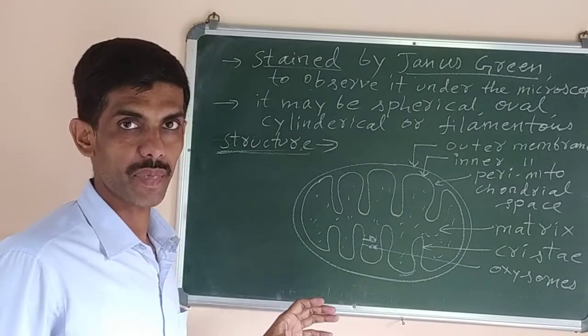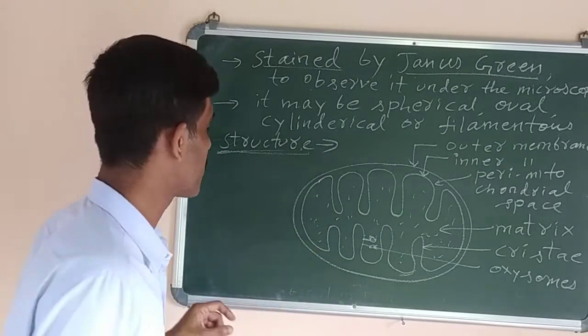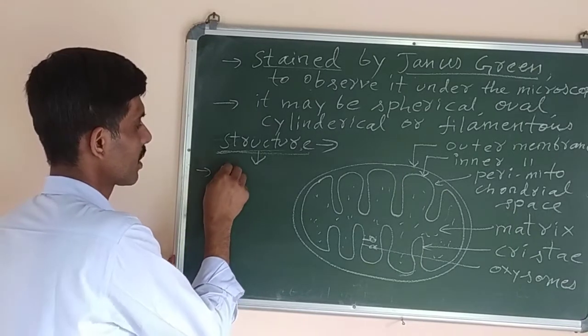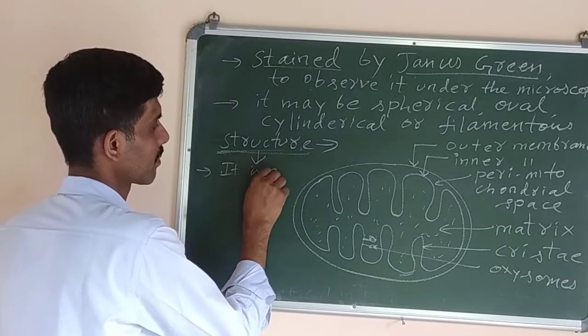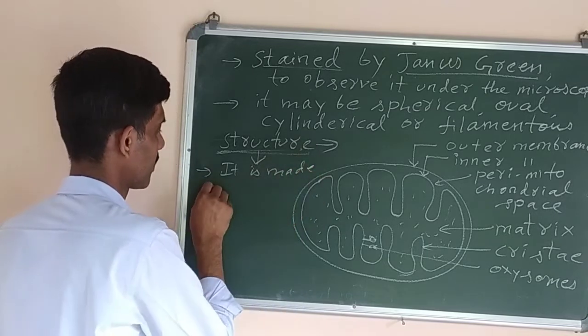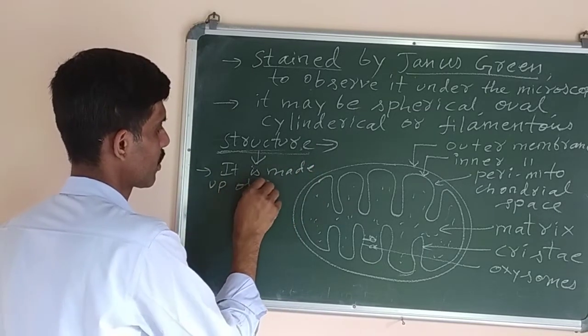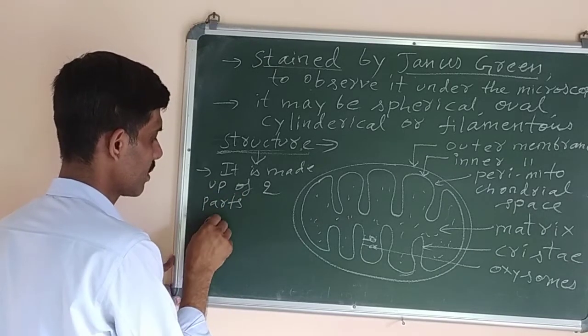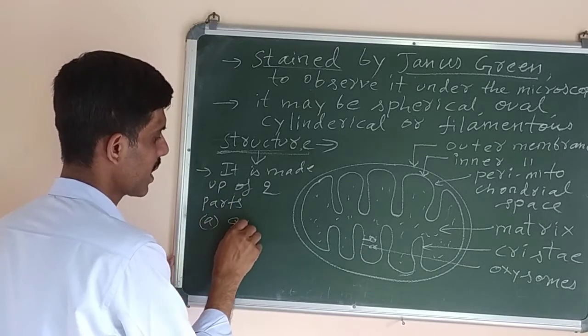This is the figure of mitochondria. It is made up of two parts. What are they? In the structure you have to write, it is made up of two parts. Number one, double membrane or two membranes.